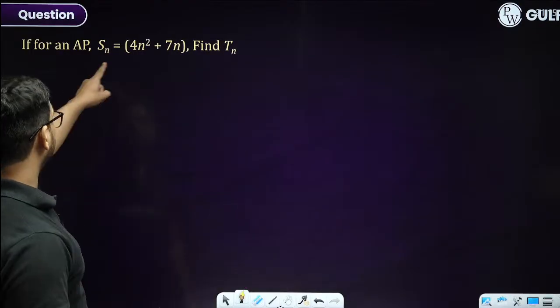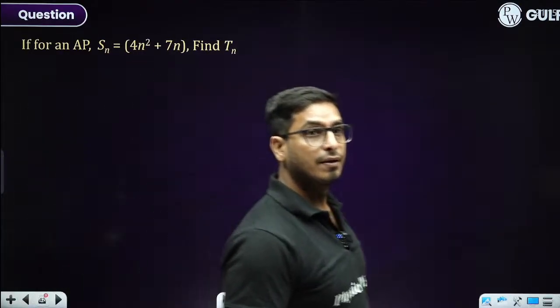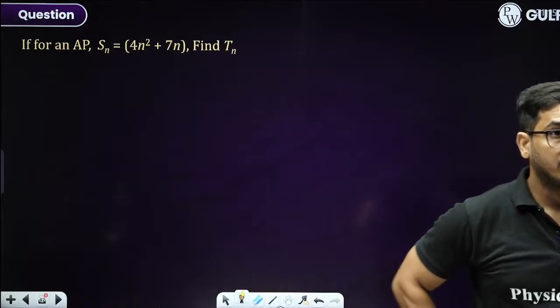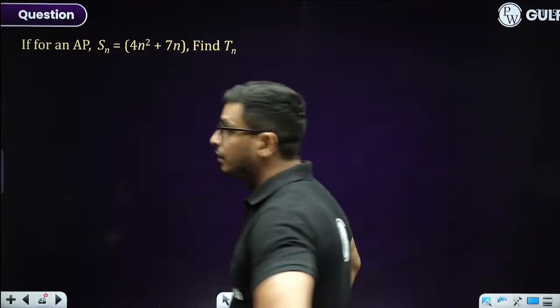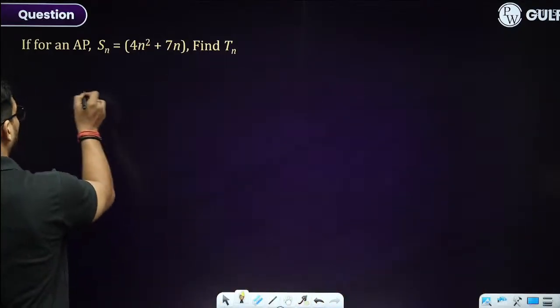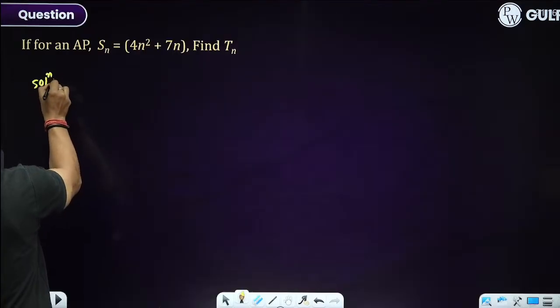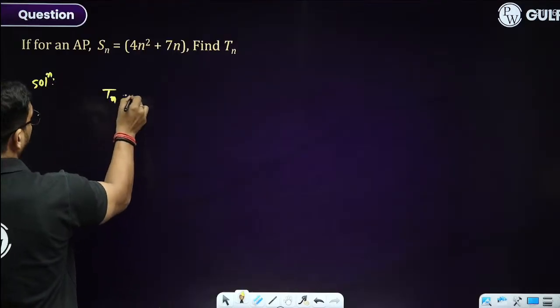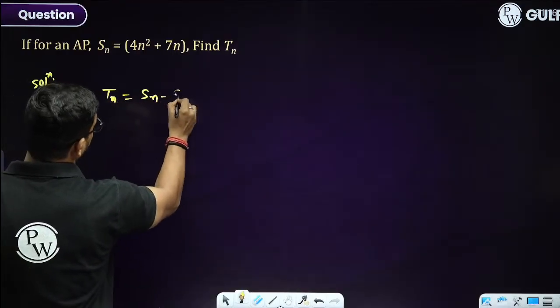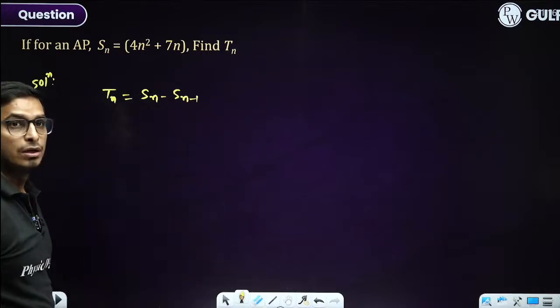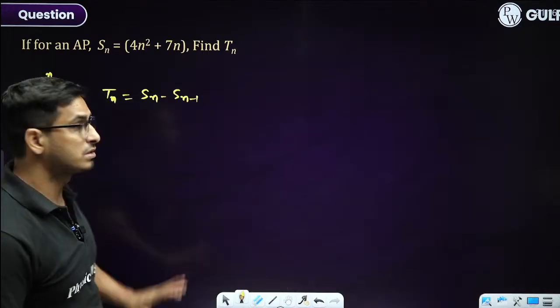Next, Sn is given and we have to find Tn, right? If you remember the formula, Tn is Sn minus Sn minus 1. Do you remember this?